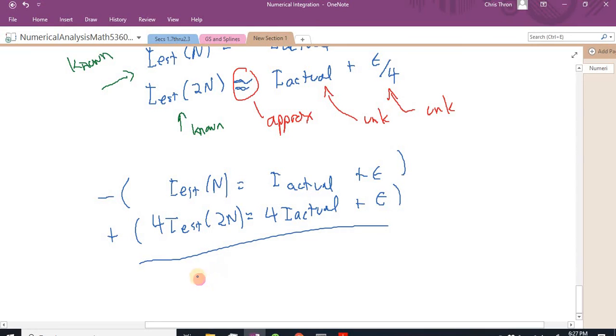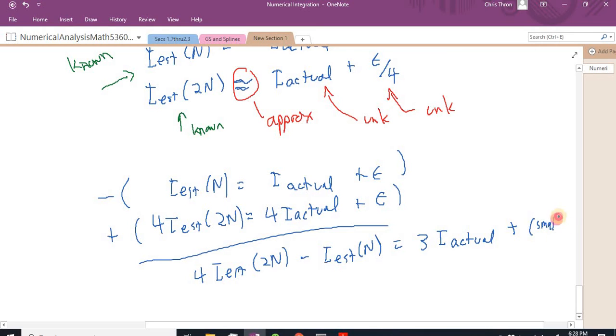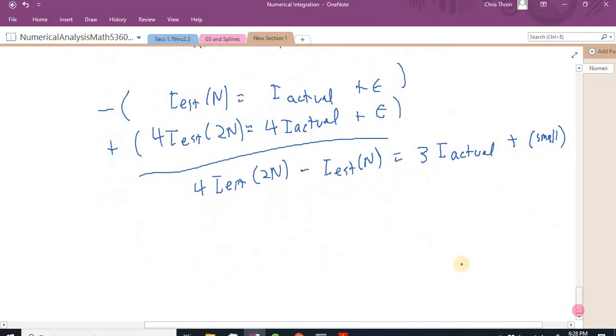So I get 4 times I est of 2n minus I est of n is equal to 3 times I actual, right? And then here it's this plus something smaller. So I'll say very small. It's even smaller than epsilon. It's the error in the epsilon, which is a really small error.